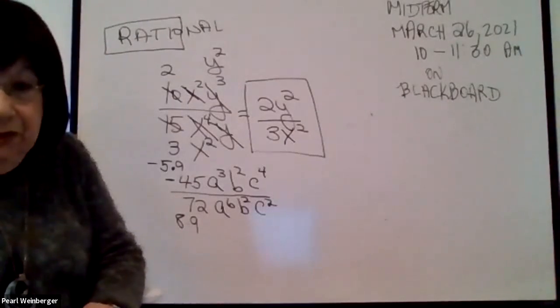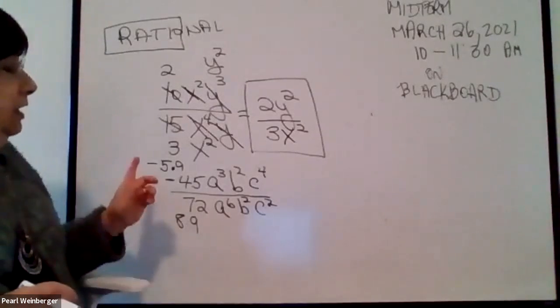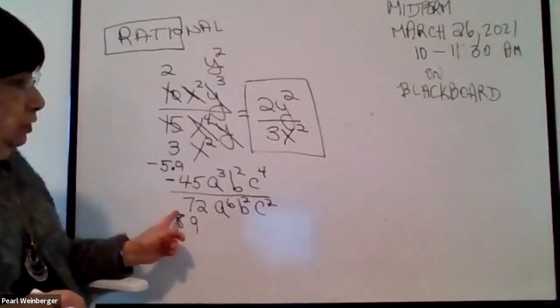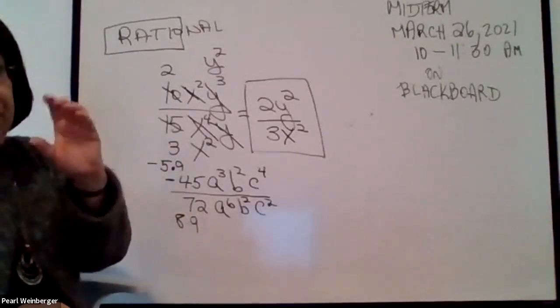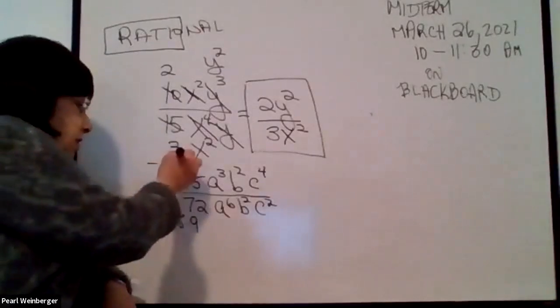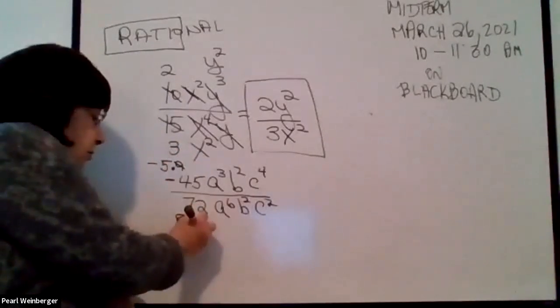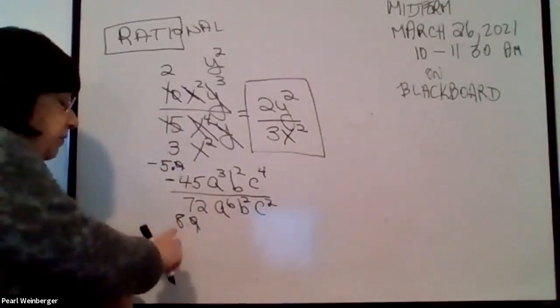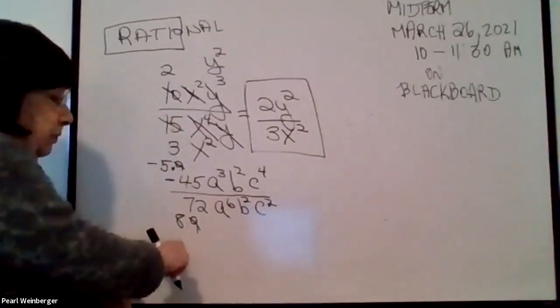It won't reduce the letter parts, but it will reduce the numbers. If you put in -45 over 72, if you have a fraction button on your calculator, it will reduce it. The 9 is the common factor, and you'll be left with -5 over 8.